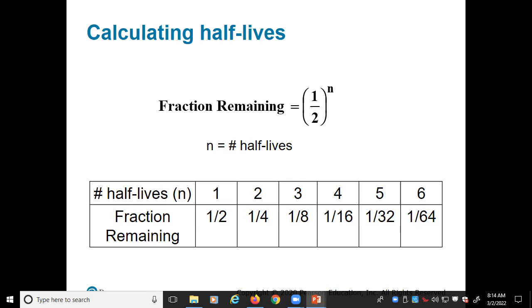After one half-life, half of the original sample remains. After two half-lives, a quarter of the original sample remains. After 5 half-lives, 1/32 of the original sample remains, and so on. Every time we go through a new half-life, we cut the existing sample in half.